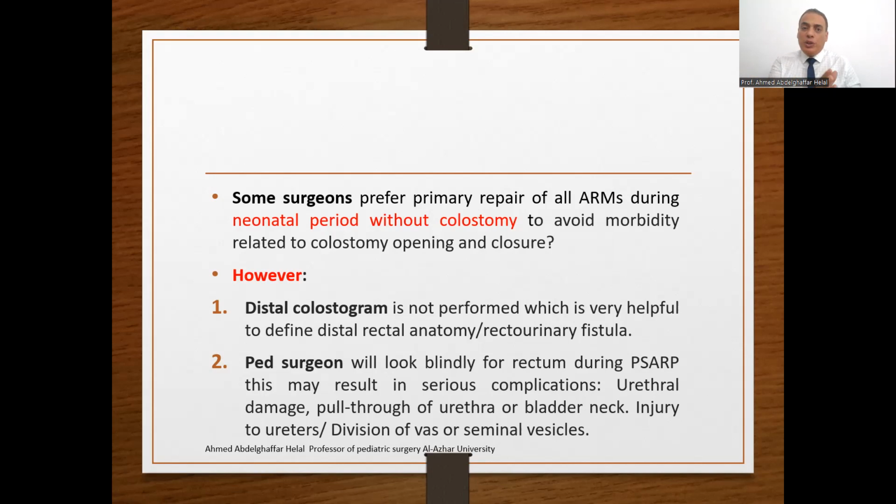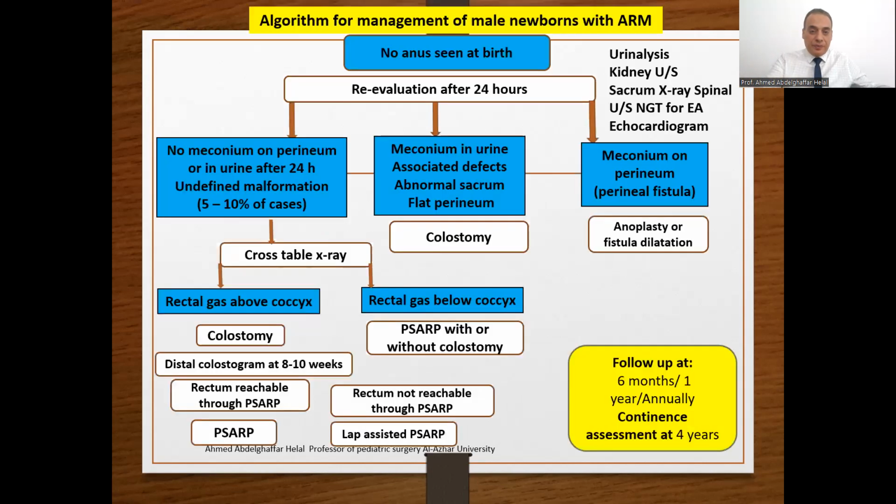So this school of performing early repair of all anorectal malformations in the neonatal period without colostomy needs an expert surgeon and has two drawbacks: the distal colostogram will not be performed, and the pediatric surgeon will perform blind exploration of the perineum, searching for the rectum without any colostogram or dye study that would help locate the rectum.